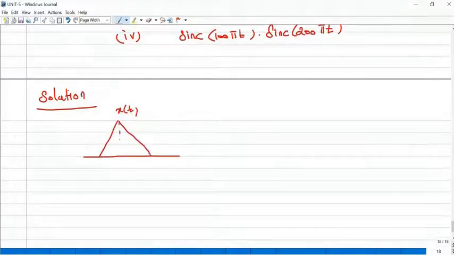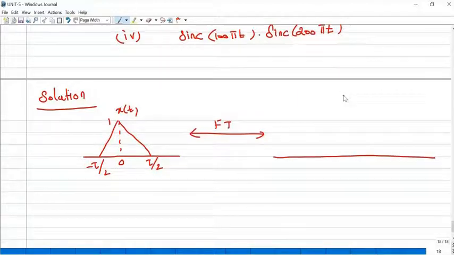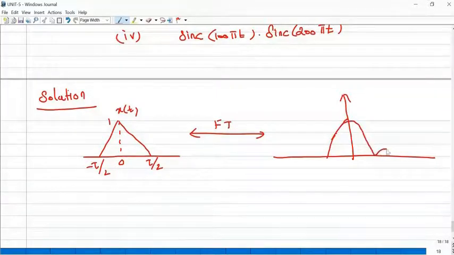We found the Fourier transform of the triangular pulse and the rectangular pulse in unit 3. So this is a triangular pulse. If we find the CTFT for this triangular pulse, the result is a sinc pulse.